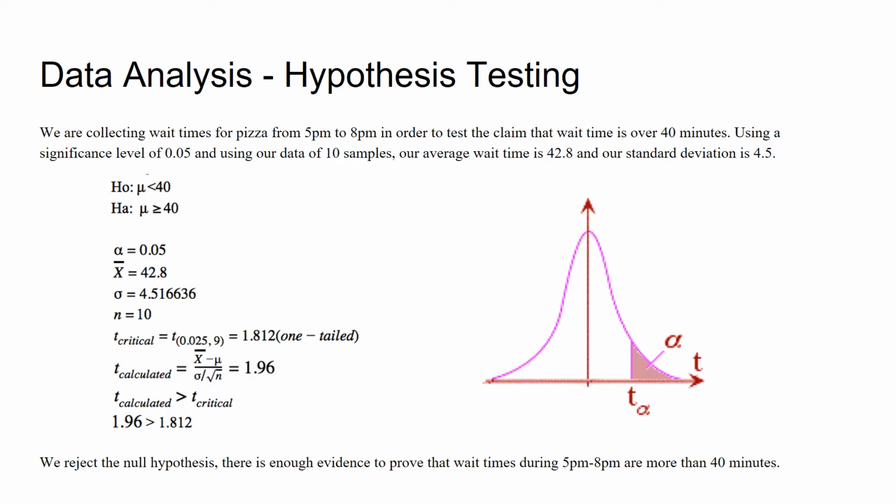Using a t-test, we used a one-tailed hypothesis test to calculate t-calculated and t-critical. From our calculations, t-calculated was greater than t-critical. Therefore, we reject the null hypothesis, and we conclude that there is enough evidence to prove that wait times during 5 to 8 p.m. are more than 40 minutes.